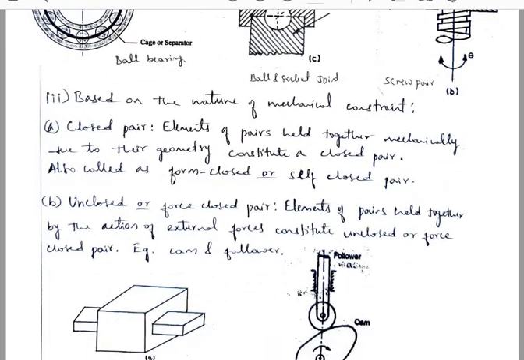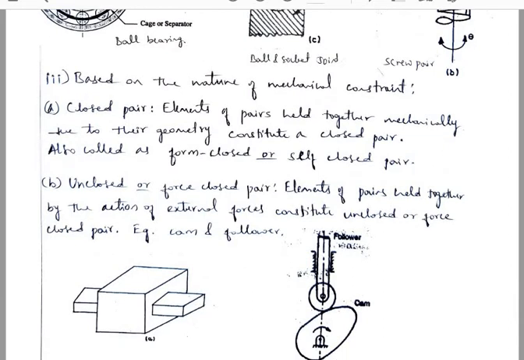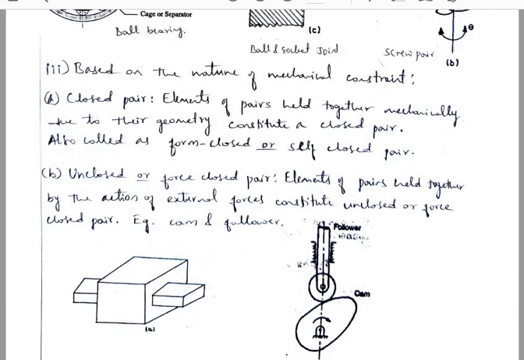Next one is based on the motion of mechanical constraint. In this, the first one we have is the closed pair. In this, elements of pairs held together mechanically due to their geometry constitute a closed pair, also called a form closed or self-closed pair.